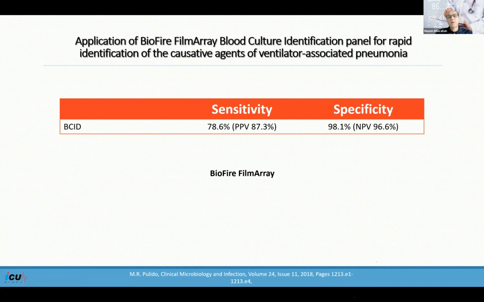The rapid test on blood cultures for ventilator-associated pneumonia has a lower sensitivity than reported by the company, 79%. This gives you a positive predictive value of 87%, and the specificity is still very high, 98.1, with a negative predictive value of 96.6, and this is on the blood.